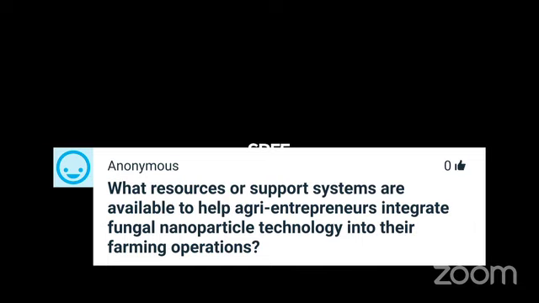Suppose in our university, or even in West Bengal or Hyderabad, they will be doing this in the department of nanotechnology, and through extension like KVKs and all, they will be reaching farmers. They can provide some samples, like a mini kit kind of concept, and they will be doing field trials and all. So like research labs, you can just contact the entrepreneurs and all.